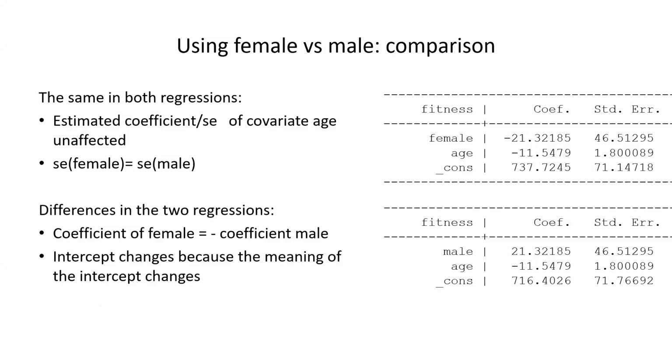The constant has changed because the constant now has a different meaning. In this model, the constant refers to not being a male at age 0. So it's a female at age 0. Whereas in this model, the constant refers to not being female at age 0. So it's the male at age 0.